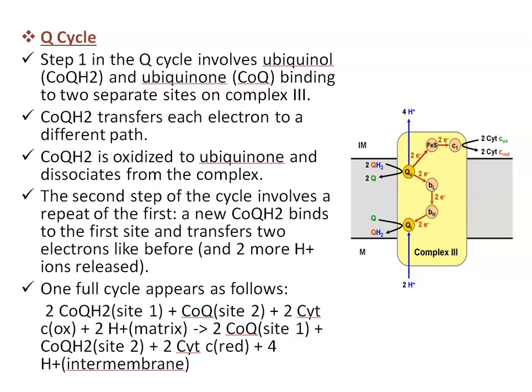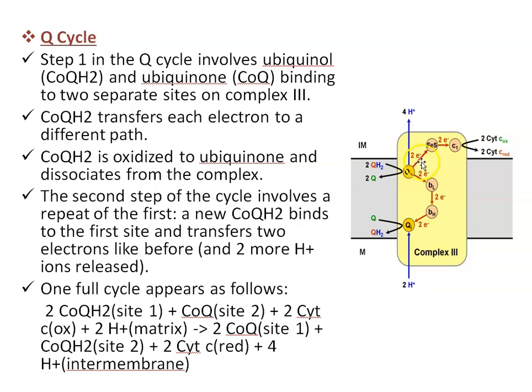Q cycle. This is complex 3, and here the two-step process, that is the Q cycle, is taking place. So step 1 in the Q cycle involves ubiquinol, that is CoQH2, and ubiquinone, CoQ, binding two separate sites on complex 3. So here QH2 transfers each electron to a different pathway.